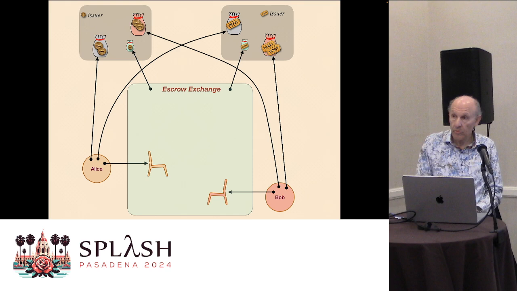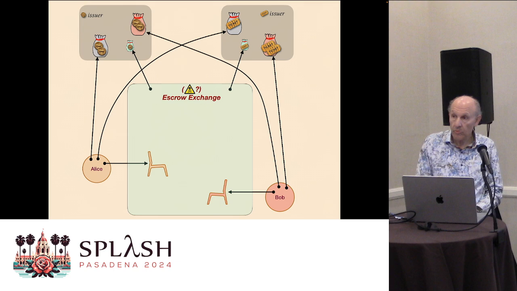And now that the escrow exchange has both assets escrowed, only at this point can it safely release Bob's ticket to Alice and release Alice's money to Bob. And then Bob can deposit the money into Bob's money purse. Alice can deposit the ticket into her ticket purse.